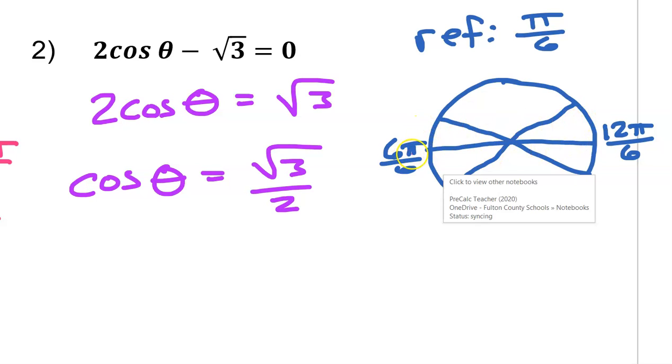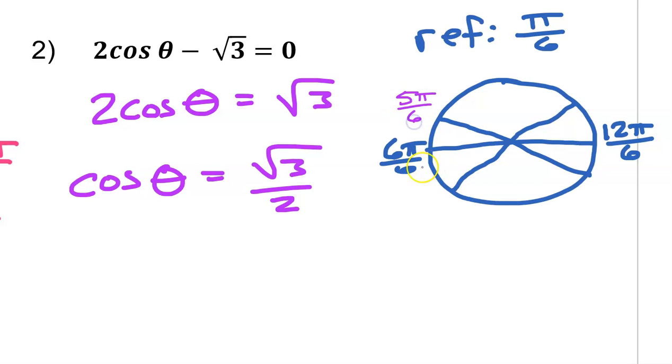So just before 6 pi over 6, this would be 5 pi over 6. And after 6 pi over 6 would be 7 pi over 6. Of course, this is pi over 6 itself. And one position before 12 pi over 6 would be 11 pi over 6.